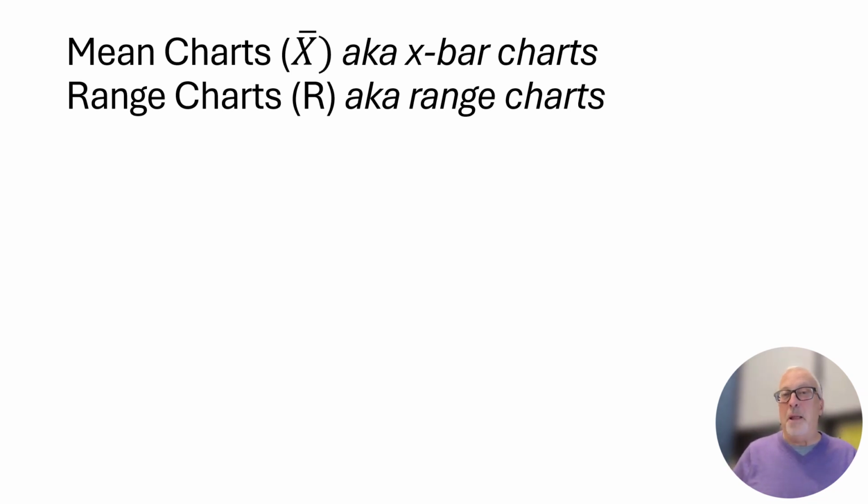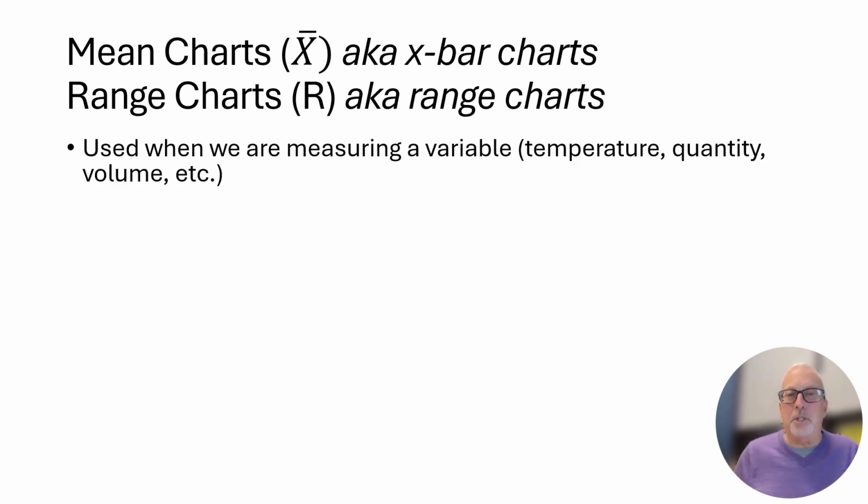The mean would collapse those to the middle, so the mean wouldn't reveal that the difference between your hottest cup and your coldest cup, which is the range, is way too wide. And if you just looked at the range, then your mean might be wrong. So you really need to look at both of these together.